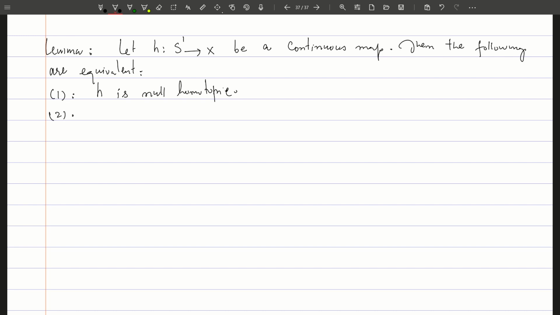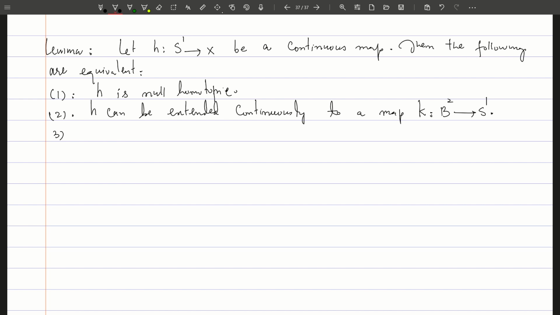The second item is: h can be extended continuously to a map K from the closed unit ball to the circle, unit circle S1.